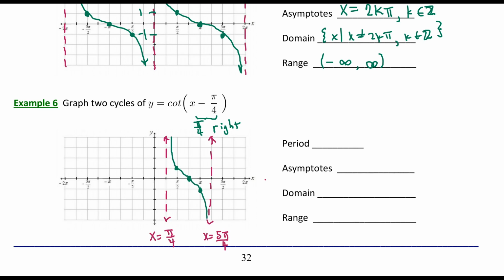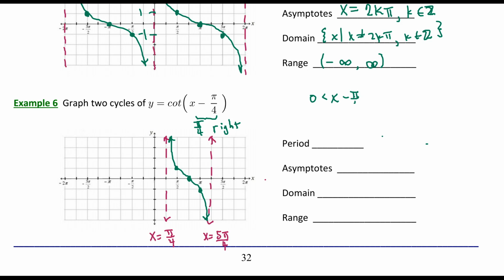Now, to graph that one, I was simply imagining the parent function and shifting it pi over 4 units to the right. Another way to determine this first interval for the fundamental cycle is to make the observation that for the argument ranging between 0 and pi, cotangent will achieve one fundamental cycle.